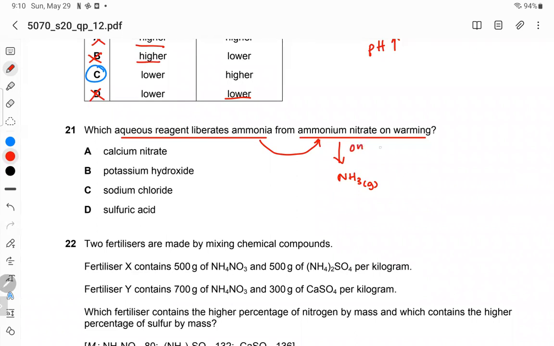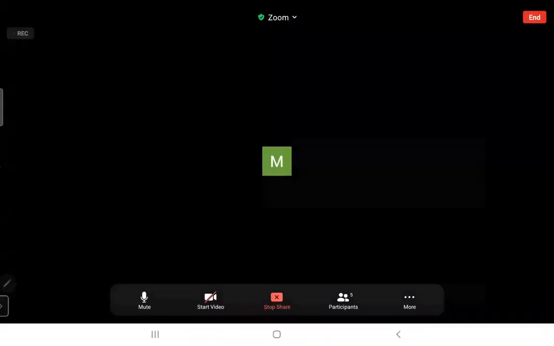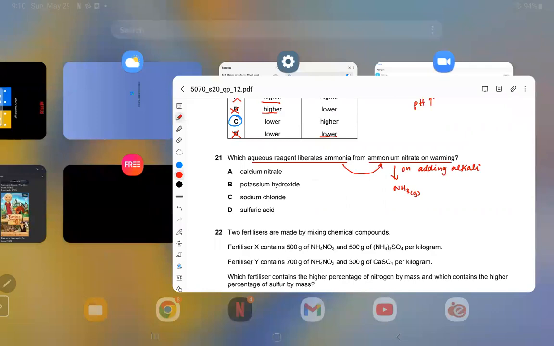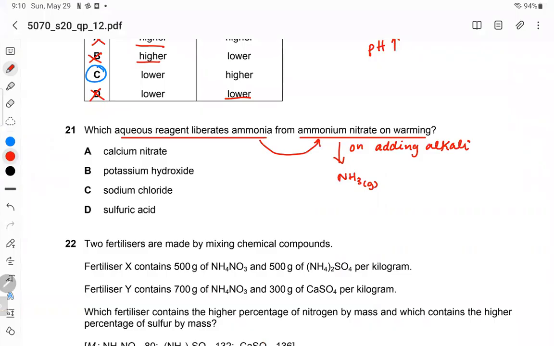On adding alkali, it will happen. You have to remember this thing, that on adding alkali, this thing will happen. So it means it's a calcium nitrate. Wrong. It's a hydroxide. So yes, it is correct.